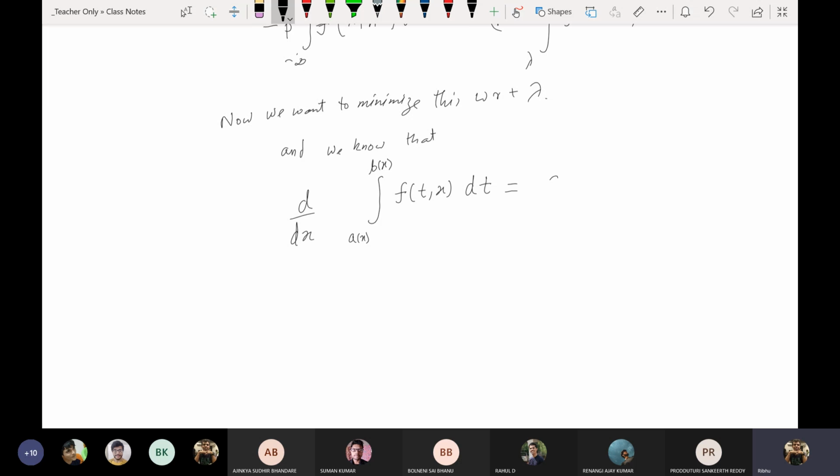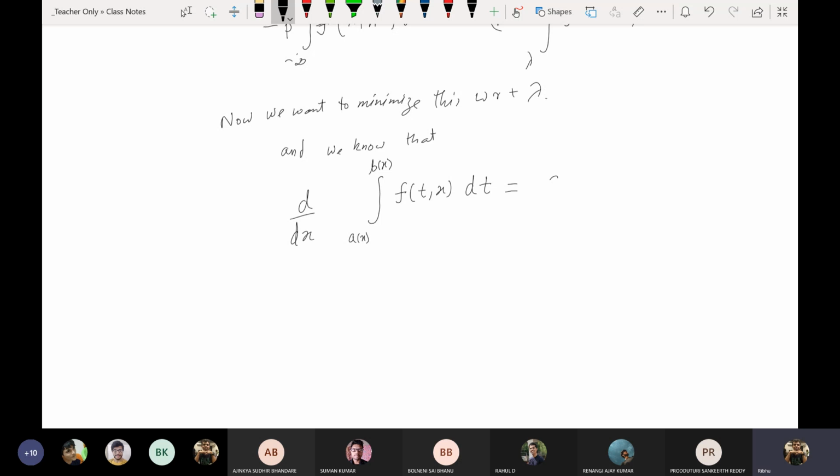Let me look at this, just to confirm the expression. So any of you remembers this expression? Or should I look at it? Okay, I'll look at it afresh. Wikipedia, Leibniz integral rule.